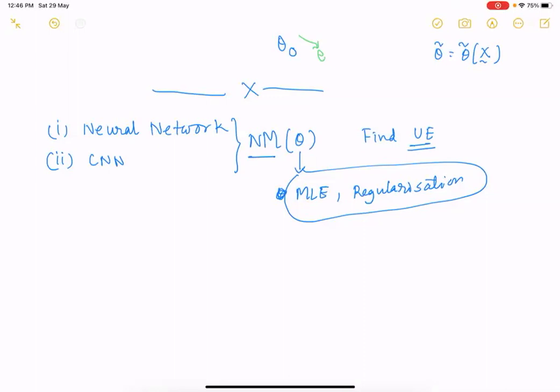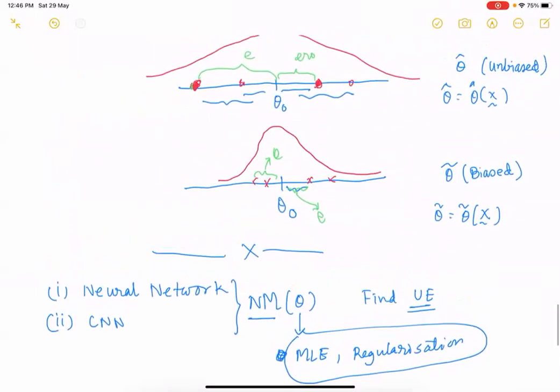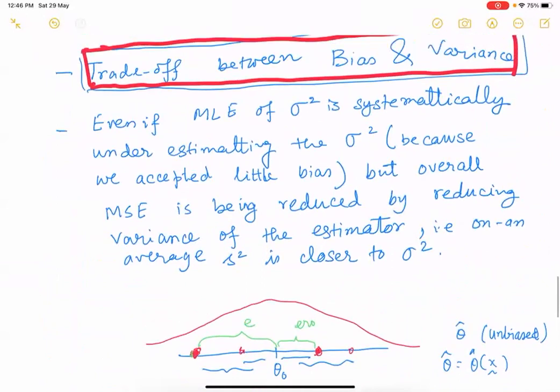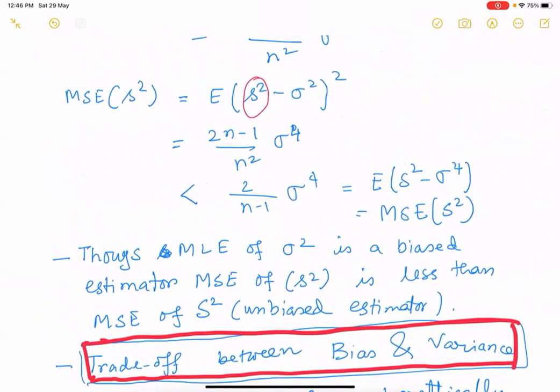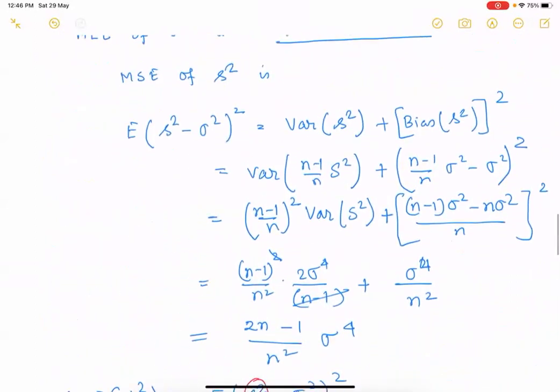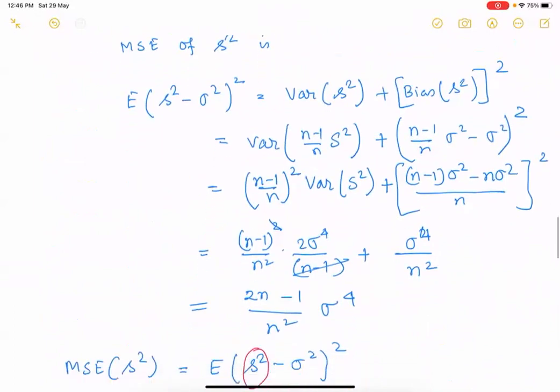So that is where we focus more on reducing mean square error rather than on finding an unbiased estimator and then reducing variance.